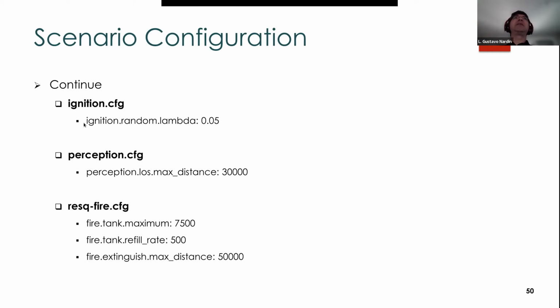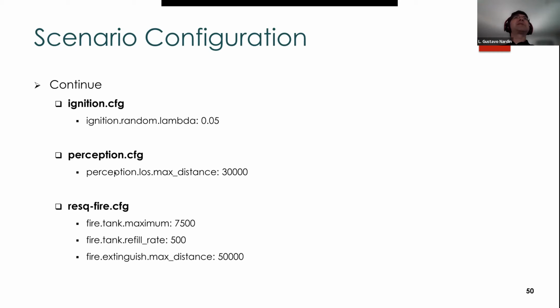The ignition follows the exponential distribution, and the exponential distribution needs a lambda parameter, and the ignition random lambda is the lambda parameter that is used by the exponential distribution.